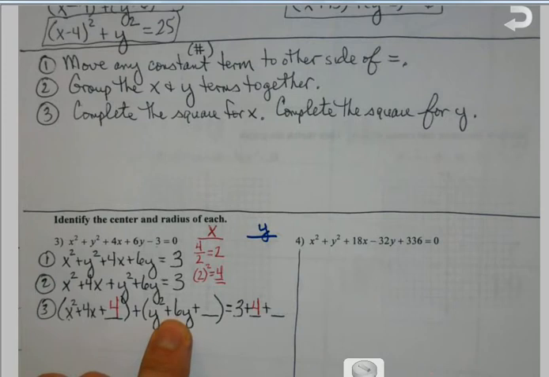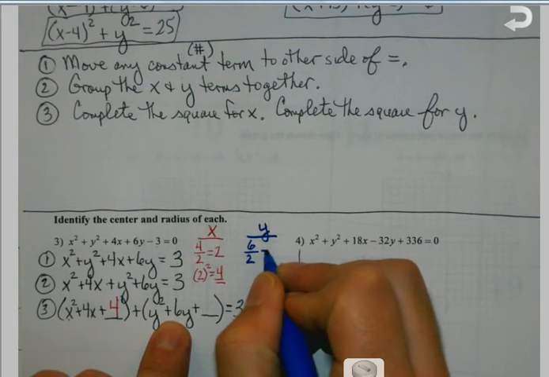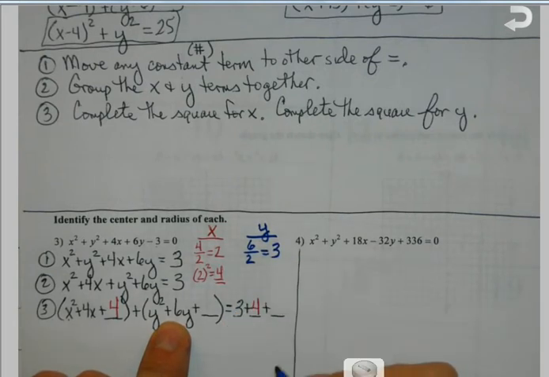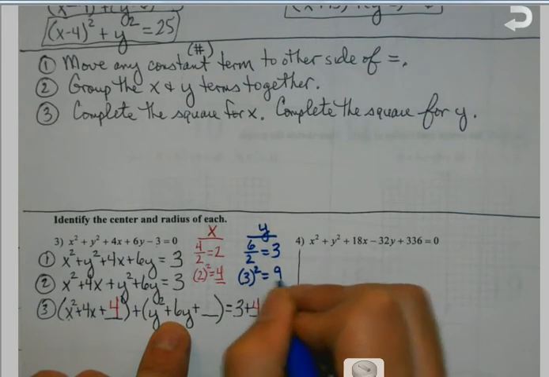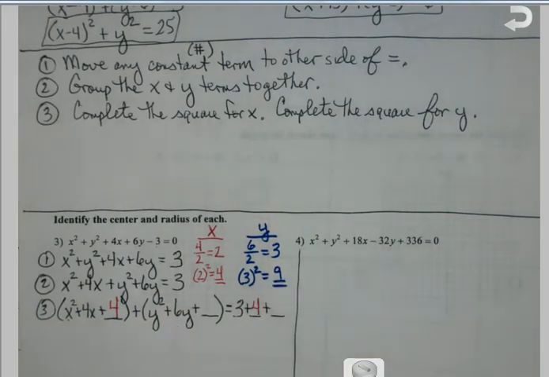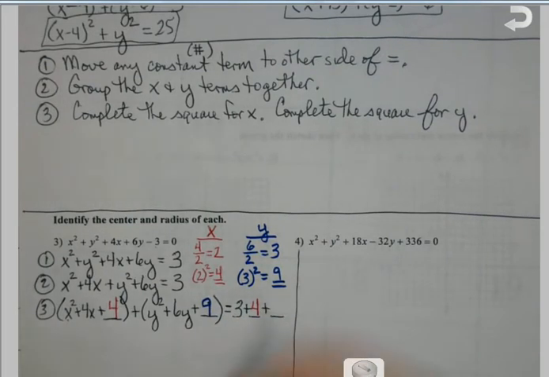I'm going to take that number that's in front of my y term, the 6, my b, I'm going to divide it by 2, and then whatever answer I get out, I'm going to square it, and that's going to be my blank that goes with my y. And also goes in my second blank on the right side.